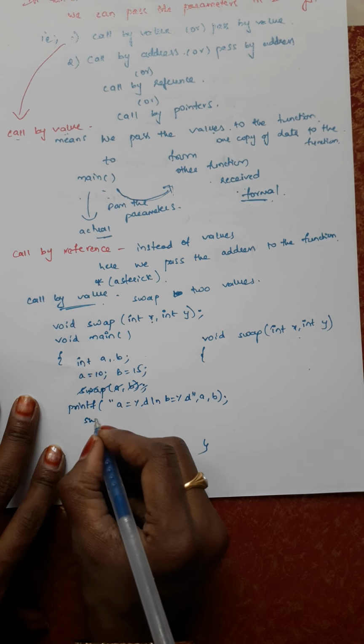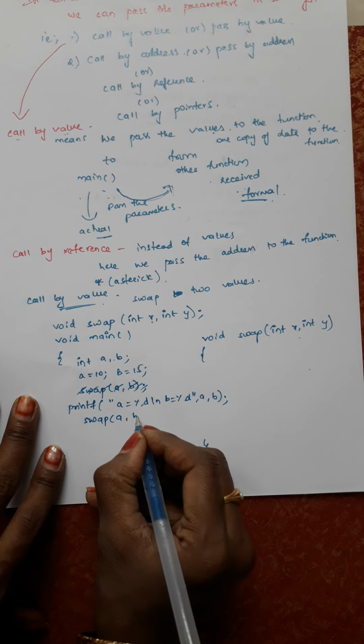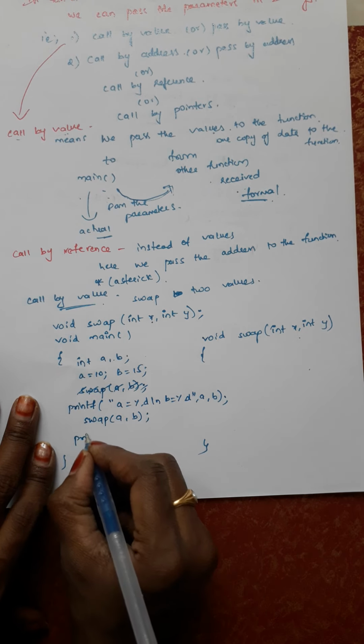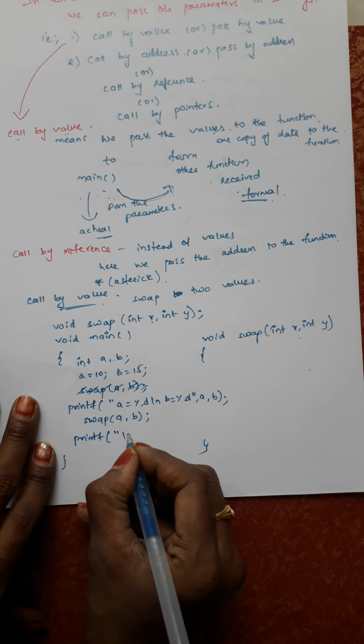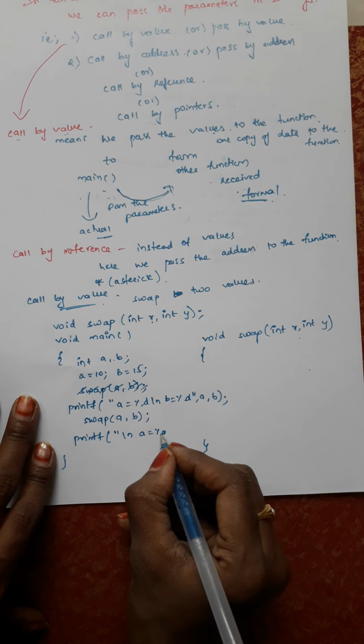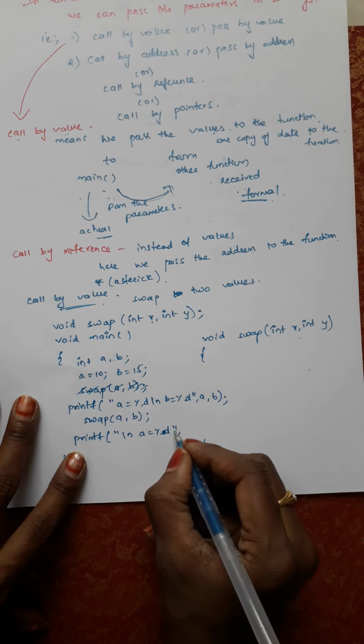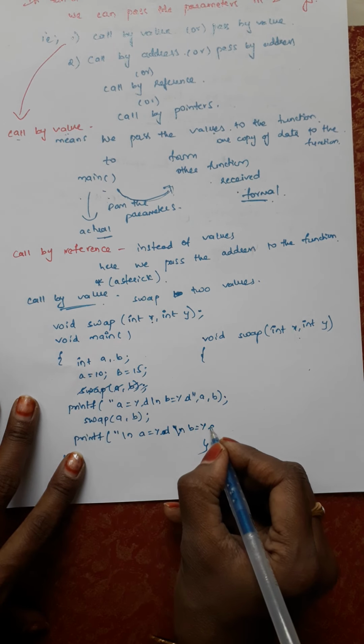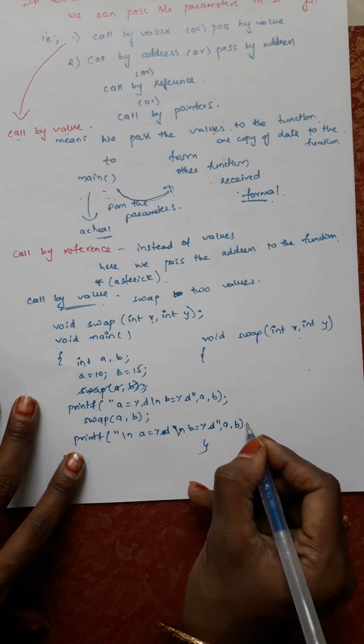Then pass those parameters to the function. After passing the parameters, again I am printing the values, a equals %ld, b equals %ld, that is a comma b.